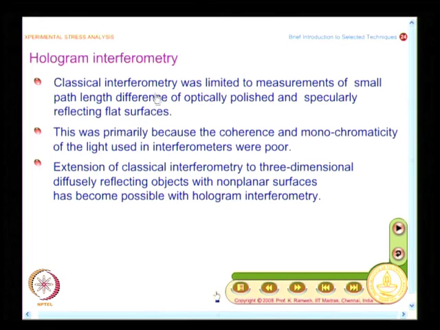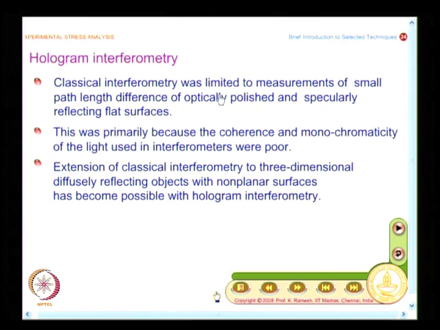What happened in hologram interferometry was that extension of classical interferometry to 3-dimensional diffusely reflecting objects with non-planar surfaces became possible.